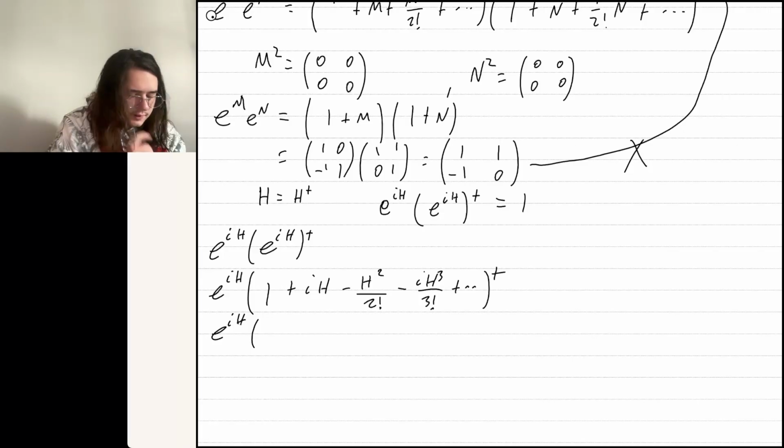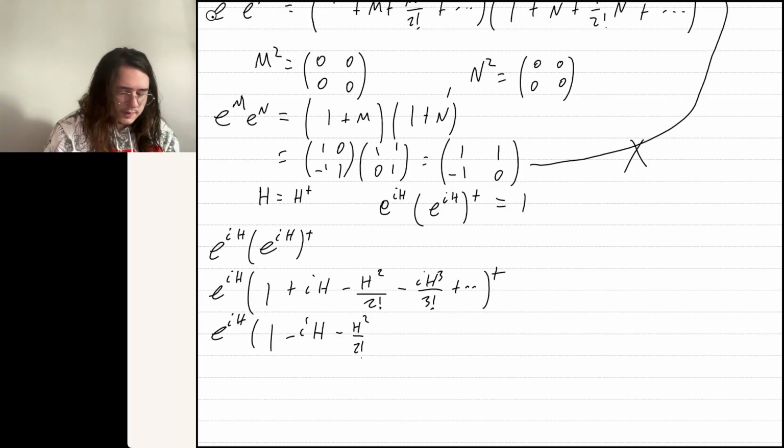Well, if you move the dagger inside, the dagger of 1 is 1. The i will get a minus sign on the first term. The second term is the same, and then the cubic term also gets a minus sign, so this is plus iH cubed over 3 factorial.